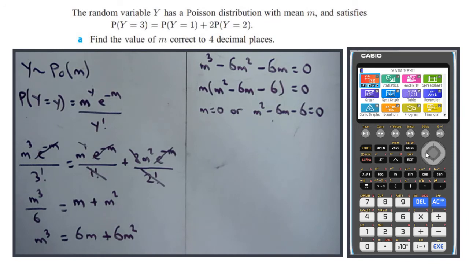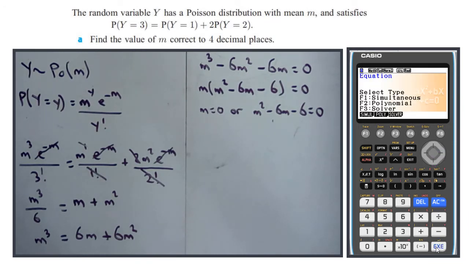So menu, if we go down to equation, the polynomial solver in F2 is degree 2. It's not the only way to do this, but I'm going to put ax squared plus bx plus c. A can be 1, b can be minus 6, and c is also minus 6. So m squared minus 6m minus 6 equals 0.